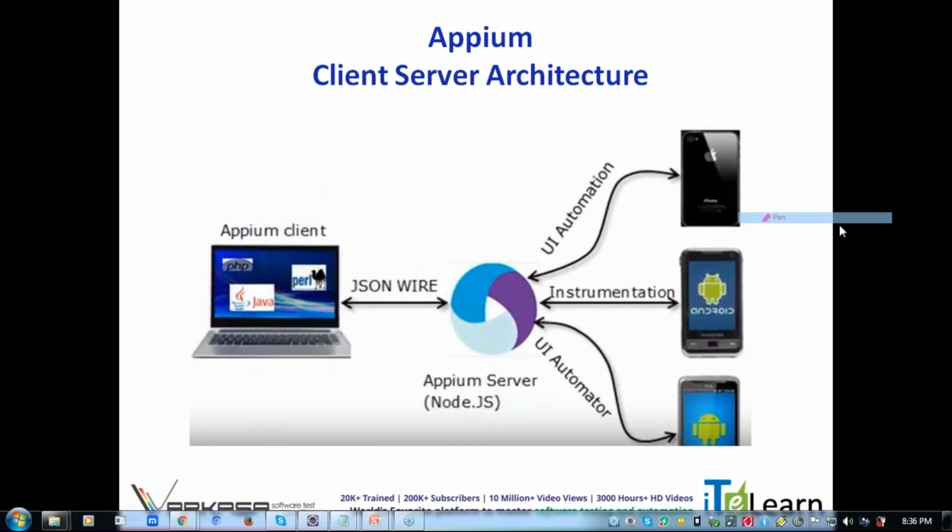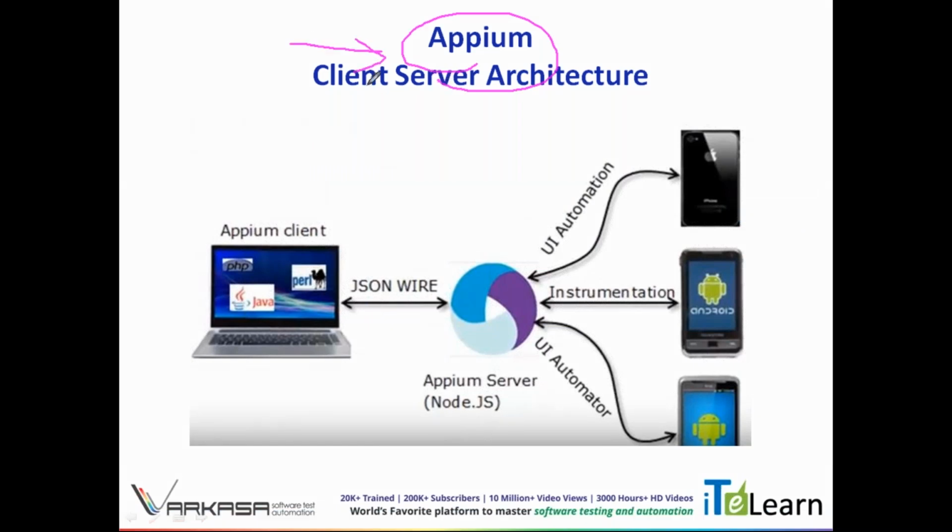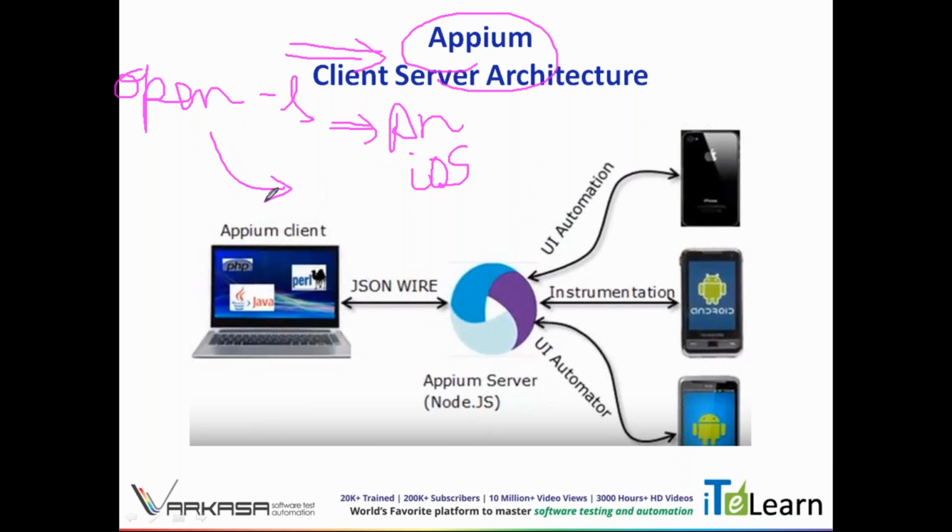Appium, as many of you would be aware, is an open source automation tool, and it supports automation on both Android as well as iOS devices. Apart from that, it also supports automation using multiple programming languages like Java, PHP, Python, Perl, and so on.